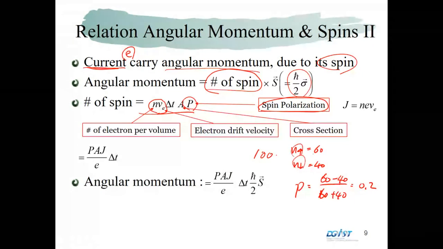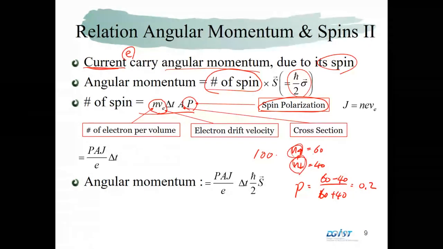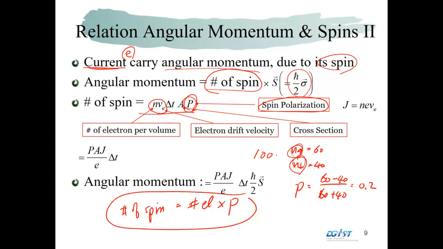So for the sum of two opposite spins, the angular momentum is 0. So only the difference between the spin up and spin down electrons can contribute to the angular momentum. So that's why we multiply by P here to the number of electrons. So the number of spins is the number of electrons multiplied by P. Is it okay?